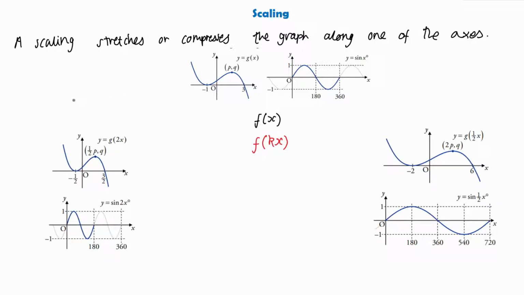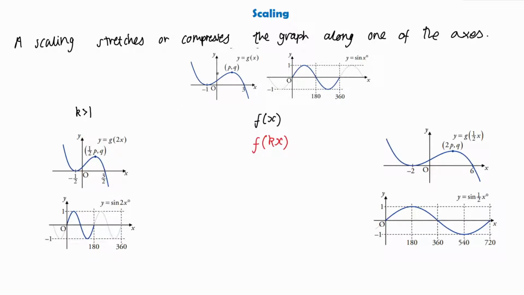So we'll first look at the scenario where k is greater than 1. When k is greater than 1, we can see our x coordinate is simply being compressed by whatever the value of k is, according to the x-axis. So as we can see here, our graph was previously g of x.